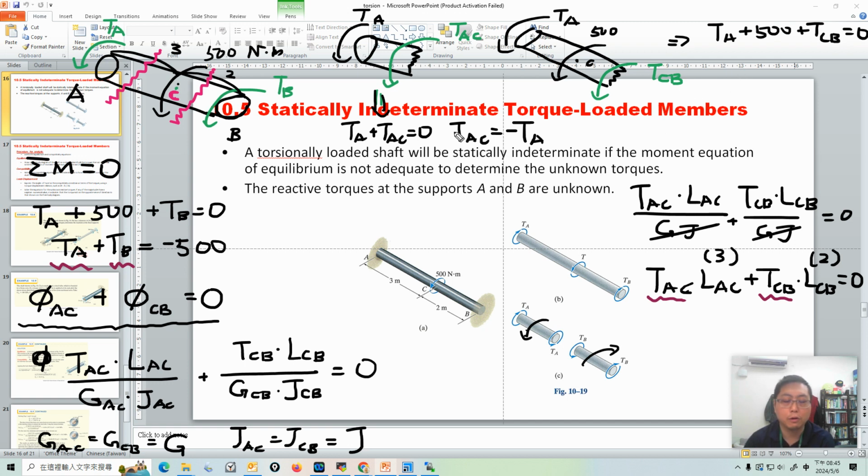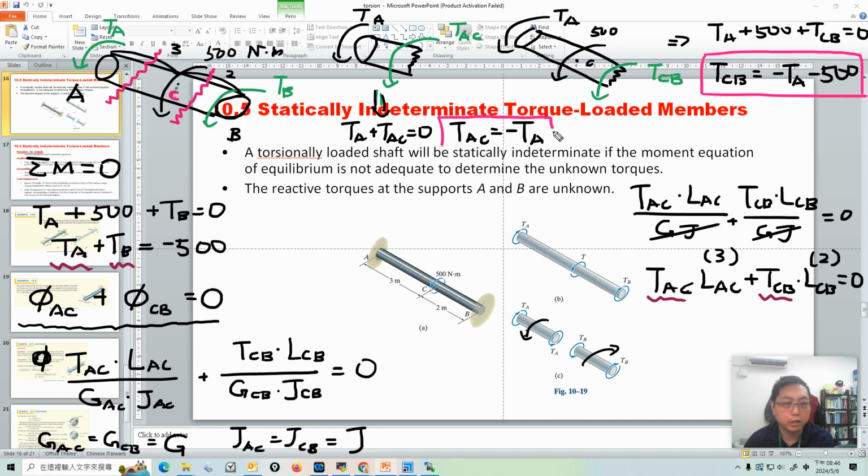The total moment must be 0 in this problem. So T_CB is equal to minus T_A minus 500. So you got these two. You see the magic?